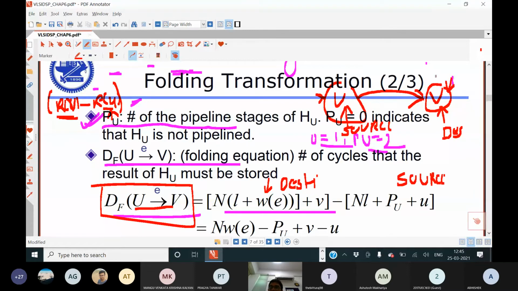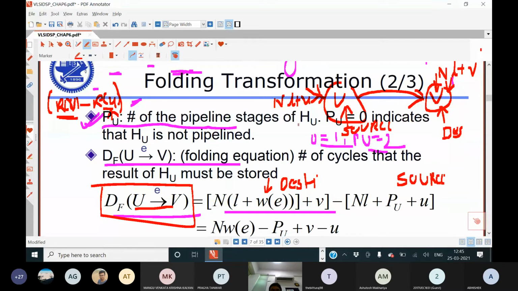That means V could be executed multiple times and U could also be executed multiple times. For that I define the instance as N L plus V, and here the instance is N L plus U.